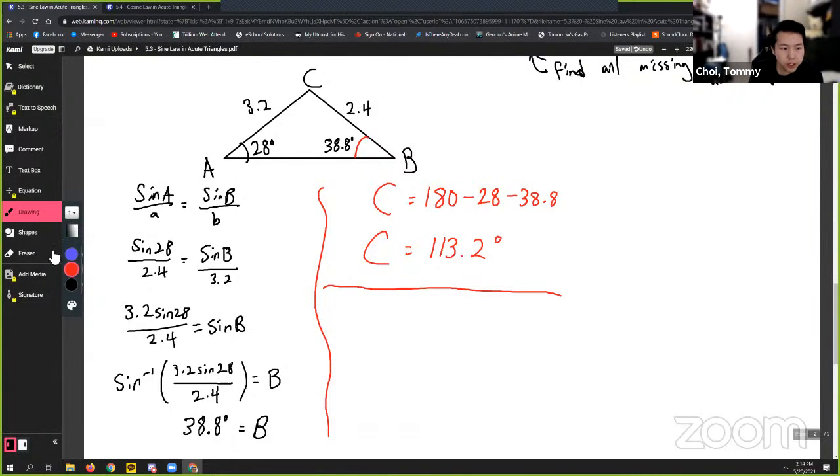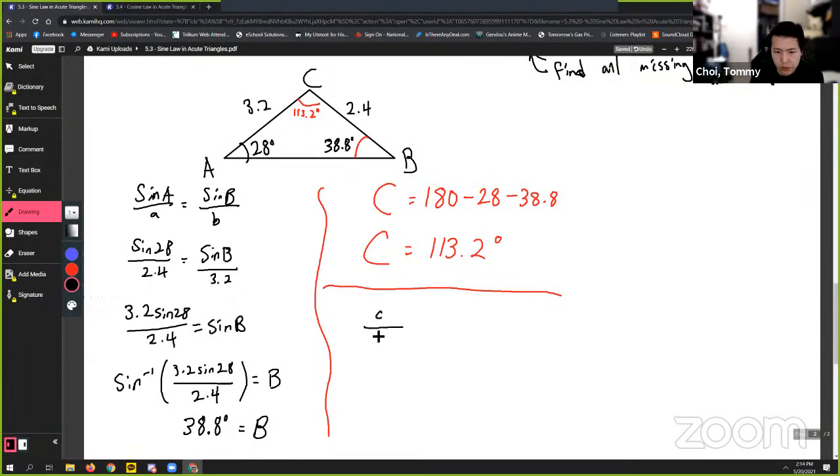Now that you have angle C, you can solve for side C using the sine law again. I'm going to use the angle-side pair of A to solve this. Once again, drawing it out here, this is 113.2.